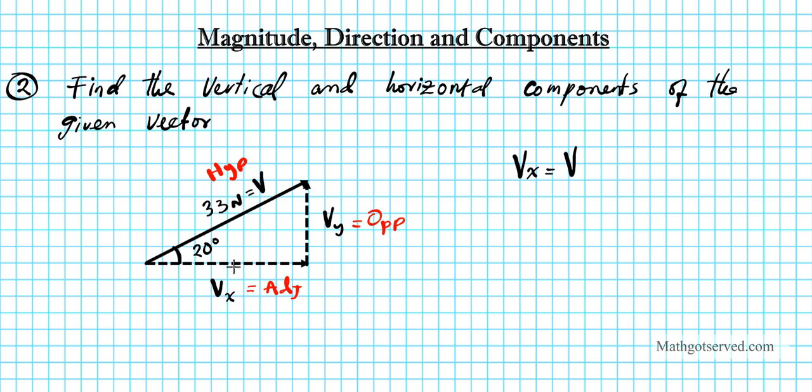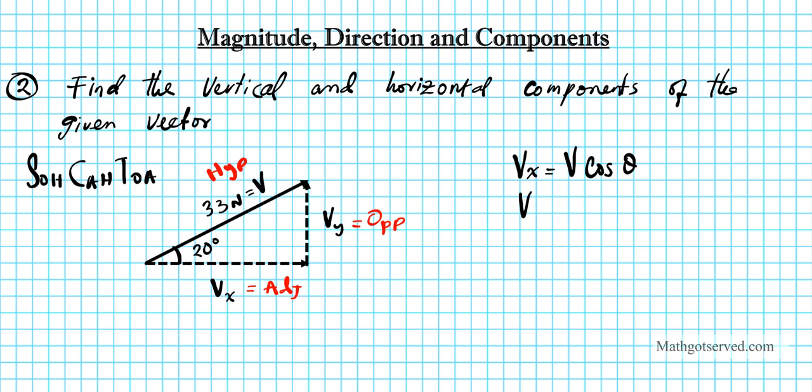Now, if you think about adjacent and hypotenuse in SOHCAHTOA, which one relates these two? It's cosine, right? So v of x, the horizontal component, is going to be the hypotenuse times cosine of the angle theta. This is the general formula.